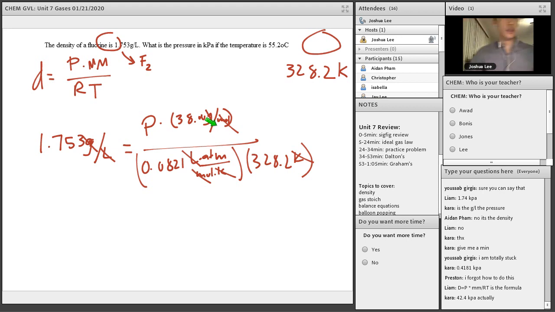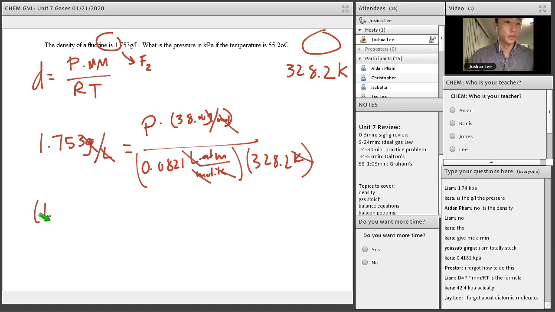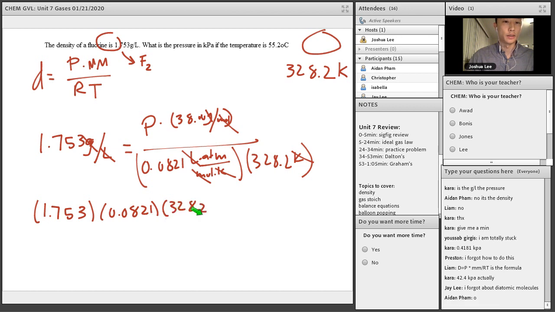Then we have to do a little bit of math, so I'm going to cross multiply, so this becomes 1.753. Ooh, I figure a couple students forgot about diatomics. 0.0821. Anyone else forget about the diatomics?